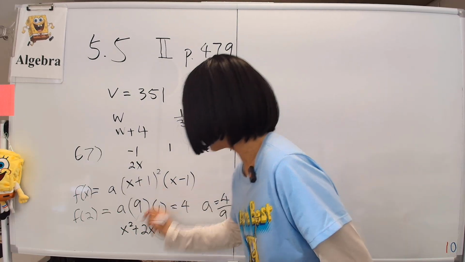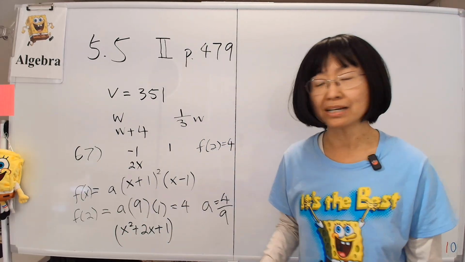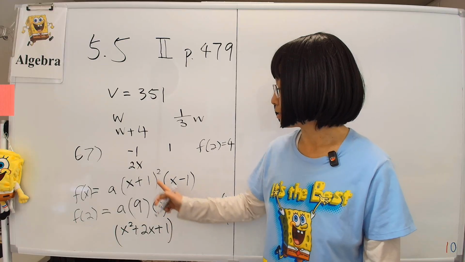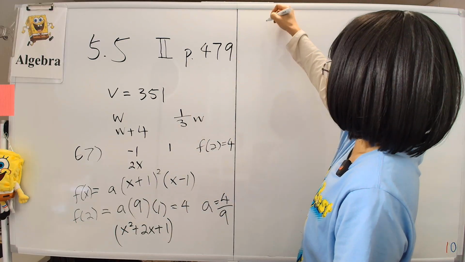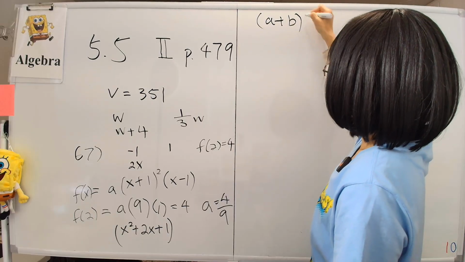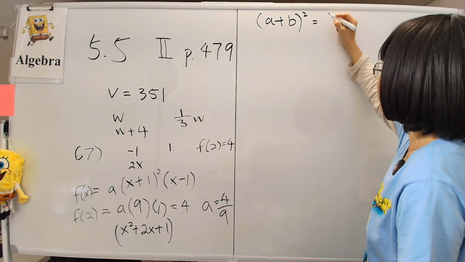This is probably something that you want to memorize. That is, x plus 1 squared is really something like a plus b squared. We use this so much that memorizing it would make doing the math a little bit faster.